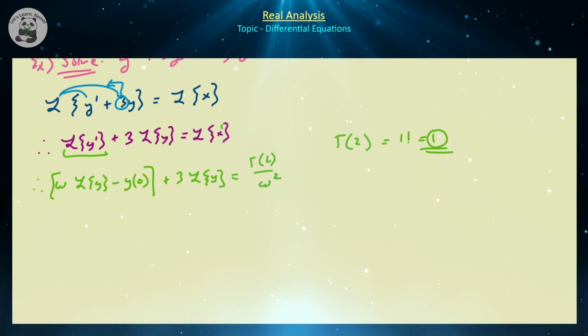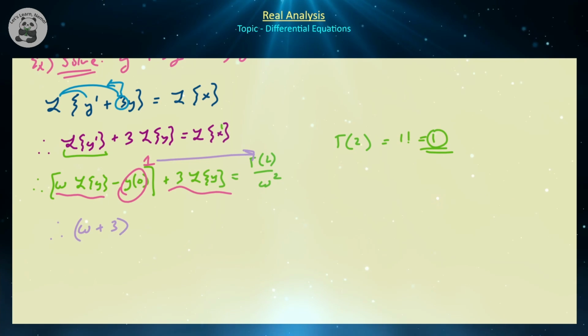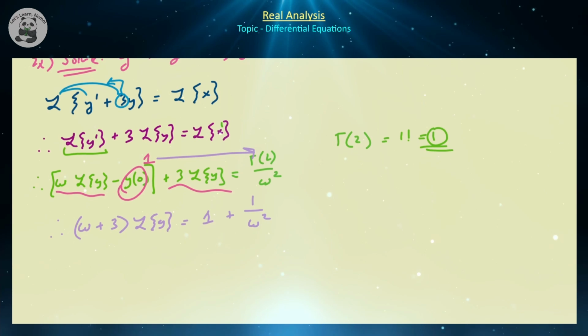So once we have that, notice that I have a Laplace transform and a Laplace transform there, and I know that y0 was chosen to be equal to 1. So I'm just going to move that to the right-hand side. So I'm going to have omega plus 3 times the Laplace transform of y is going to be equal to 1 plus 1 over omega squared.